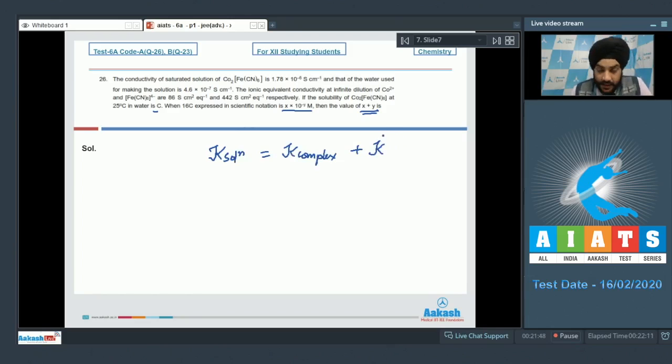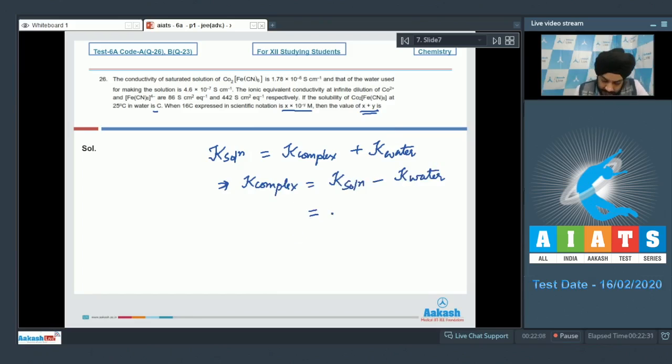This kappa indicates conductivity. So we have kappa of the complex equal to kappa of solution minus kappa of water. So we can put these values to find out the kappa of the complex. So it is 1.78 x 10^-6 minus 4.6 x 10^-7. So this will give us a value equal to 1.32 x 10^-6 Siemens centimeter inverse.